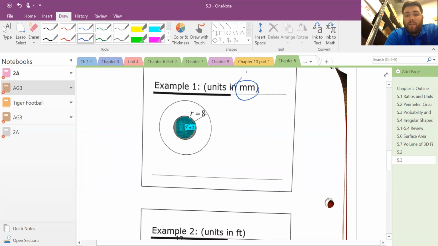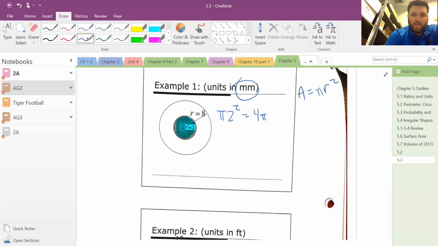We want the area of that smaller circle, and I'm going to keep it in terms of pi. Remember, the area of a circle is pi r squared. So my smaller circle is pi times 2 squared, which is just 4 pi.